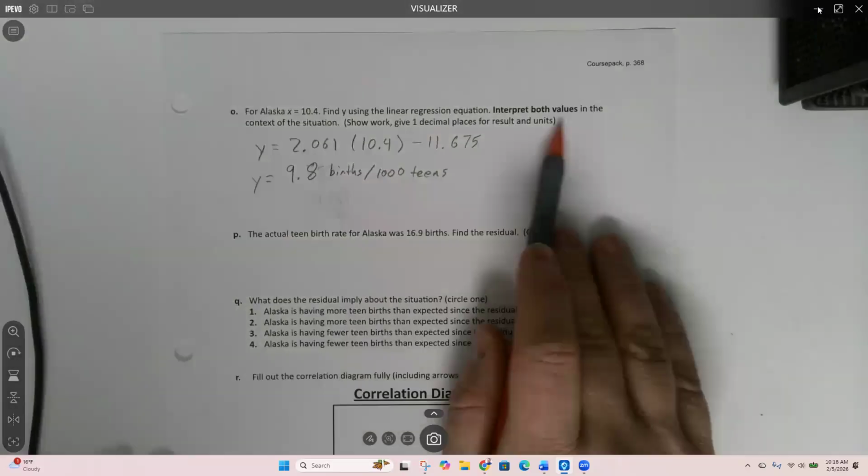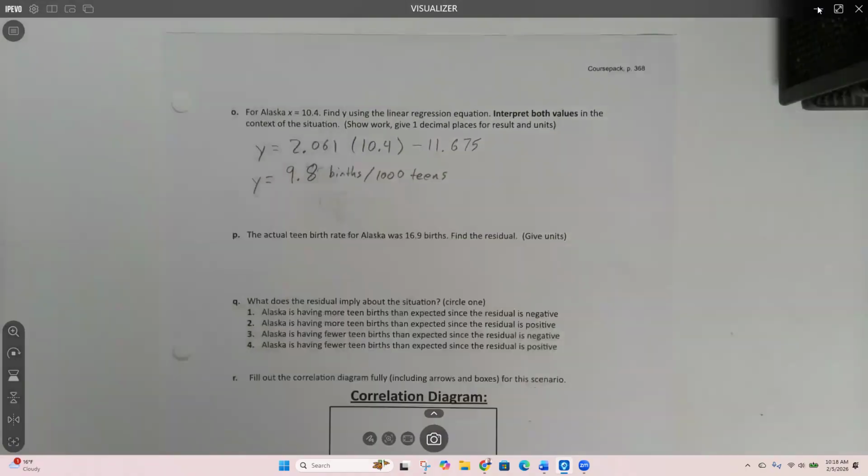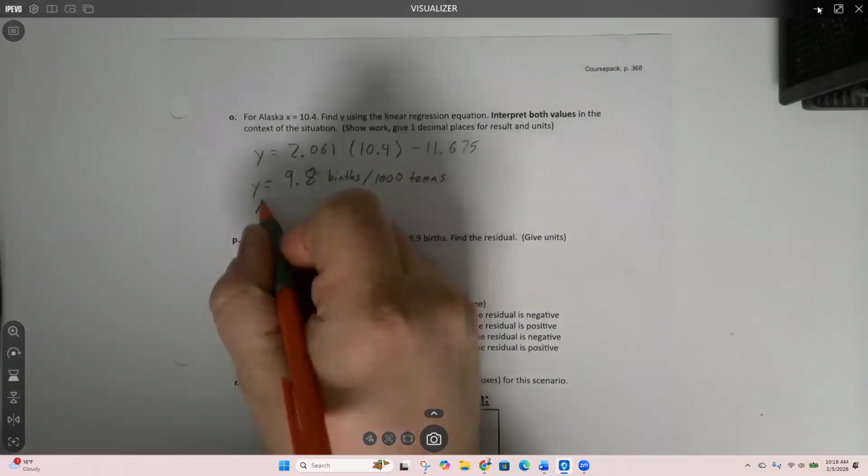Interpret both values in the context of the situation. There's not a script for this, okay? You just use logic. So you just write out what Alaska has.